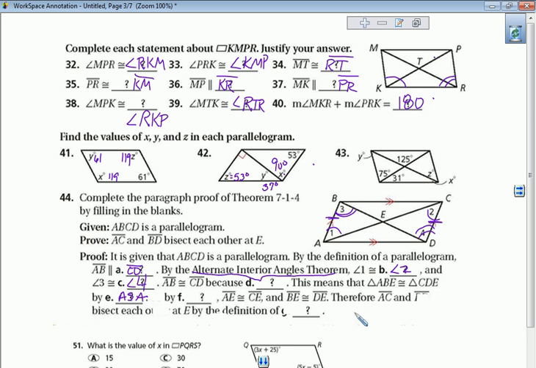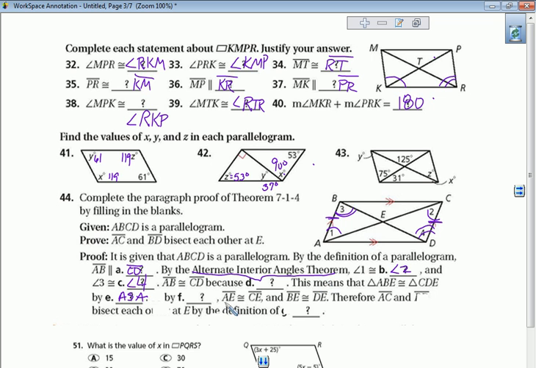Okay, so once we have proven congruent triangles, then we can prove that these are congruent, because corresponding parts of congruent triangles must be congruent. And we can't really see the rest of this real clearly. Let's see what it says in our book. It says, so by blank, AE is congruent to CE and BE is congruent to DE.